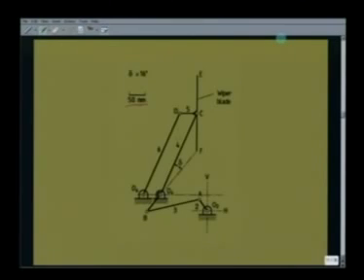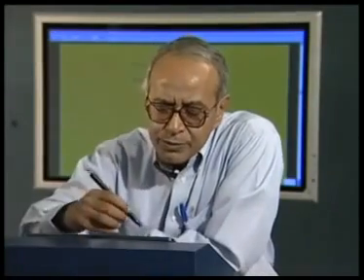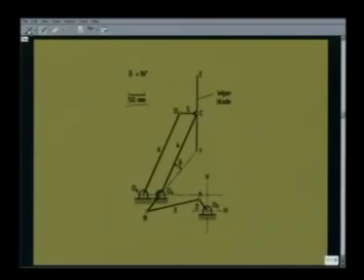The first part of the question is, what is the wiping field? That means as this crank O2A is driven by a motor, what is the field that is wiped by this wiper blade? Now to solve this problem, first we use a little bit of graphical method. We study only this 4-bar linkage, namely O2ABO4, and determine the extreme positions of this link O4B, that is link number 4.